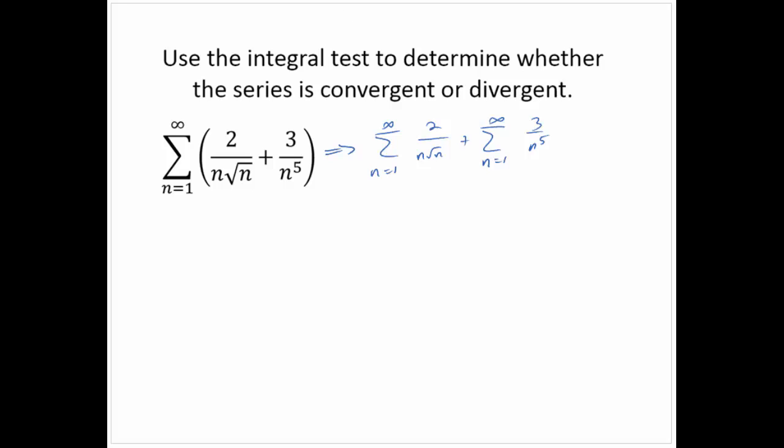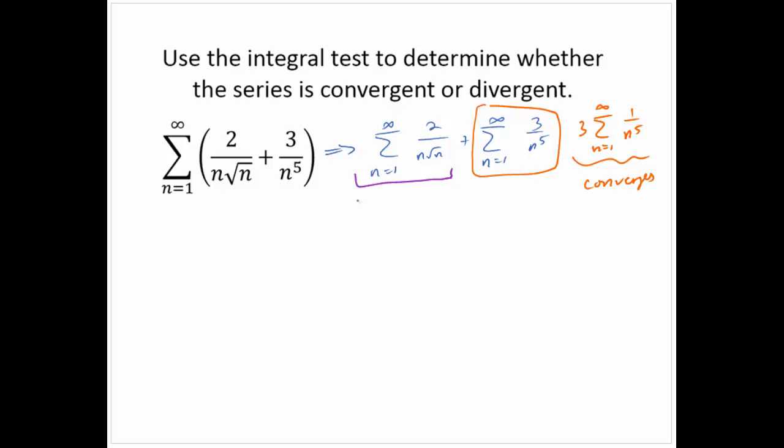This second series is 3 times sigma n equals 1 to infinity of 1 over n to the fifth. Since it's just 3 times something that converges, we know that this converges. From the previous exercise, sigma 1 over n to the fifth converges, so 3 times a convergent number will converge as well. So we're going to focus only on this first term, sigma n equals 1 to infinity of 2 over n root n.